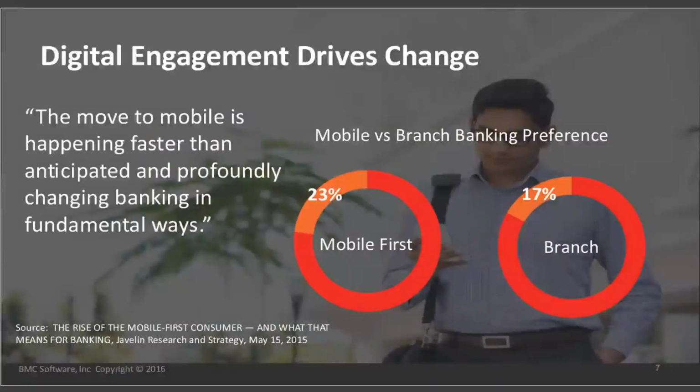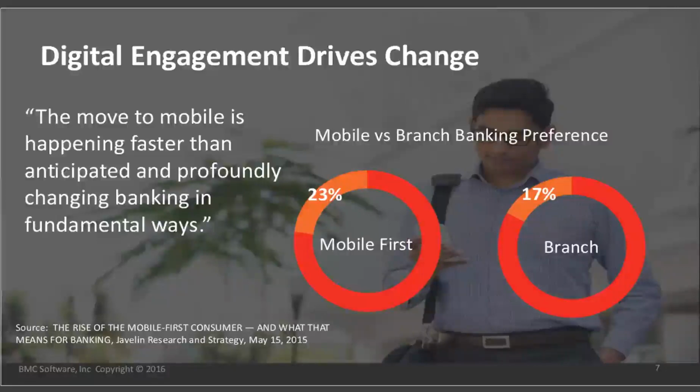There was an interesting study done by Javelin Research. They did a study on banking and the impact of digital on banking, and you can see some of the results. One of them was that more people choose mobile first for engagement than the number who choose branch banking.